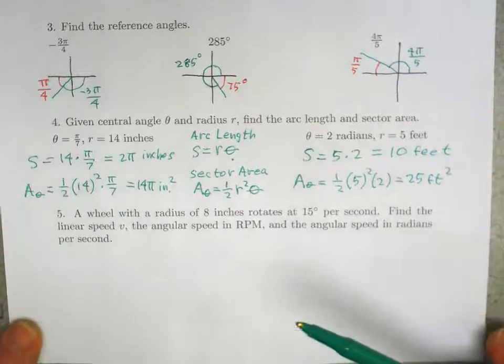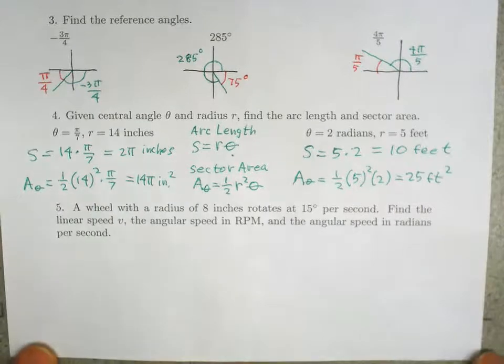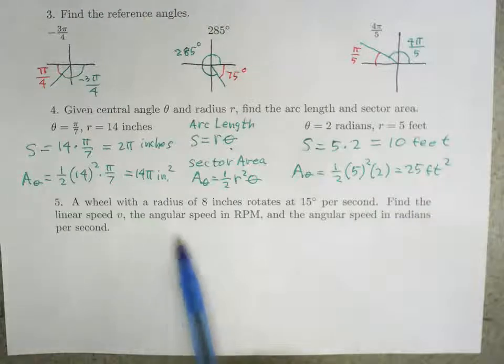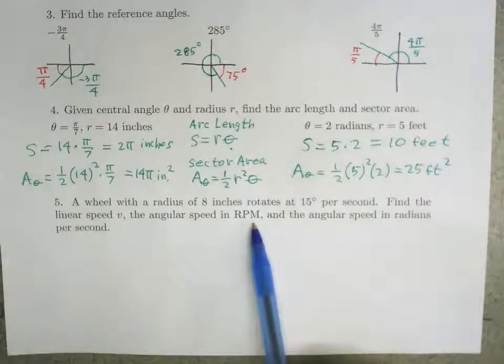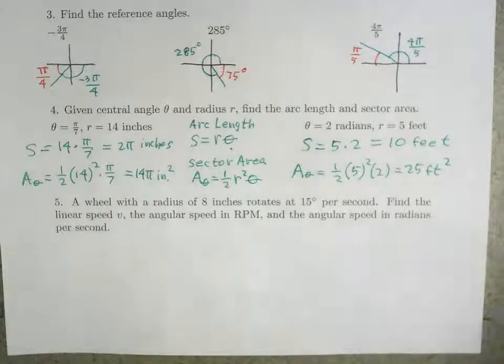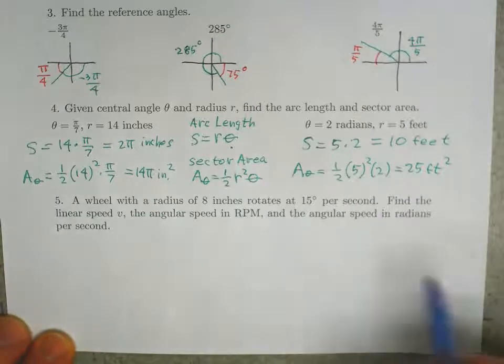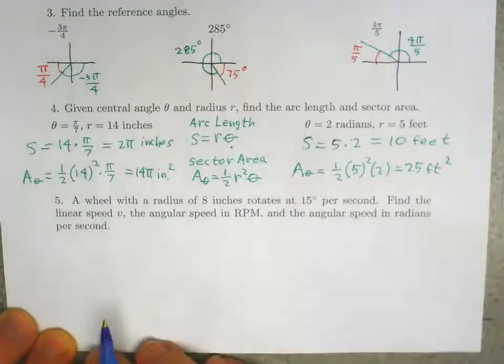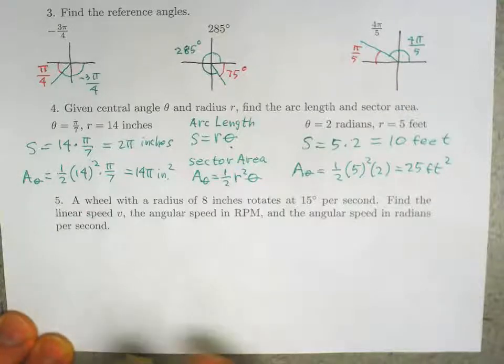Okay, number 5, a wheel with a radius of 8 inches rotates at 15 degrees per second. Find the linear speed v, the angular speed in revolutions per minute, and also the angular speed in radians per second. Well, let's work on the angular speed in radians per second first.